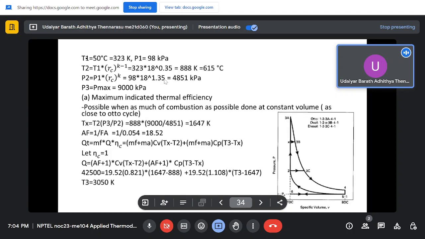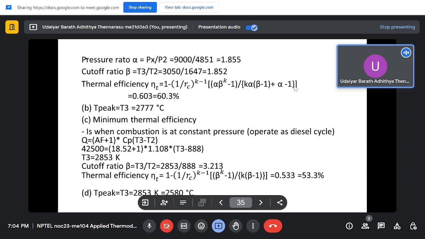Alternatively, you can also calculate from the state points which are already there: you can find the work done and the Q supplied, the specific Q supplied and specific work done, and find the efficiency using that as well. Since we know the dual cycle formula, we can calculate straight away.